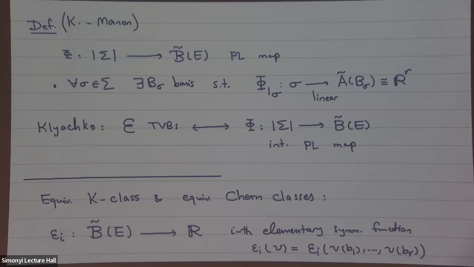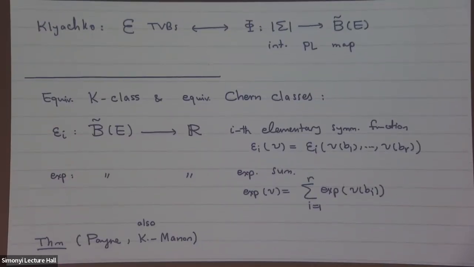And then you can also say that a piecewise linear map is integral if it sends lattice points to lattice points, because this has a notion of lattice point, which are the Z-valued filtrations or Z-valued valuations. So basically, the reformulation of Klyachko is that isomorphism classes of toric vector bundles over X_sigma are given by integral piecewise linear maps to the building.